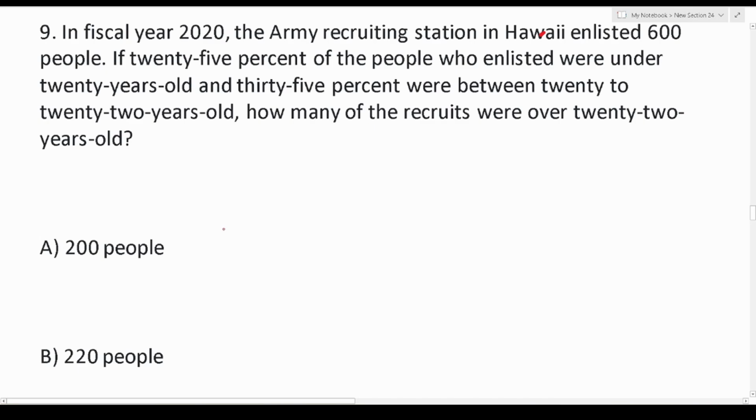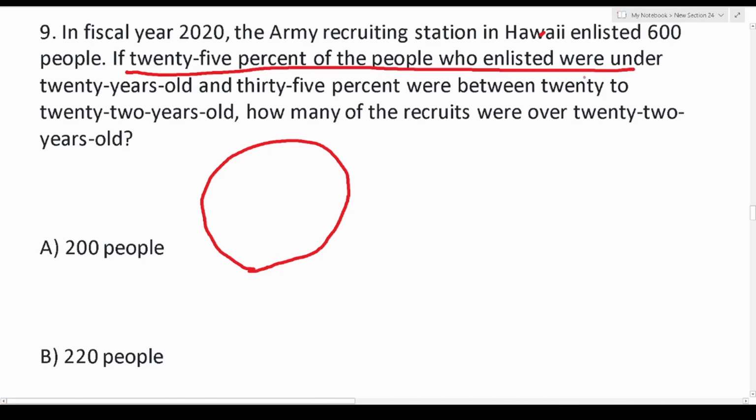So there's a lot going on in this problem. It may be helpful to make a little circle chart to represent the percentages that are being talked about. Again, according to the problem, 25% of the people are under 22 years old.